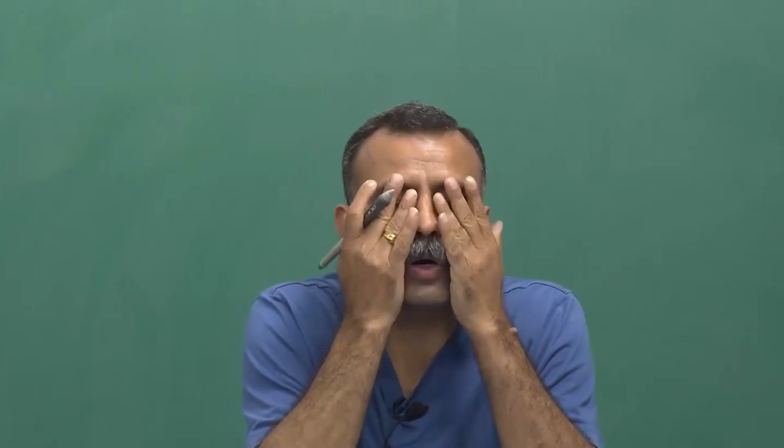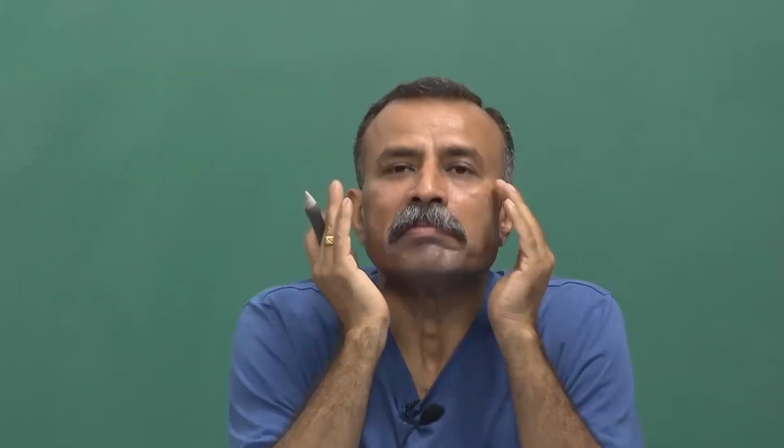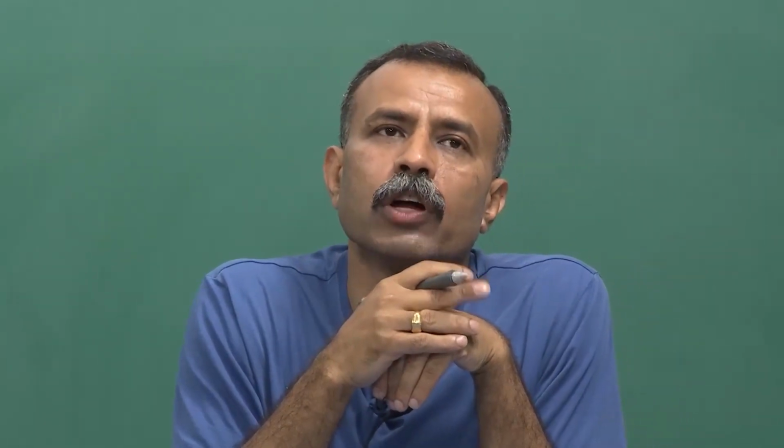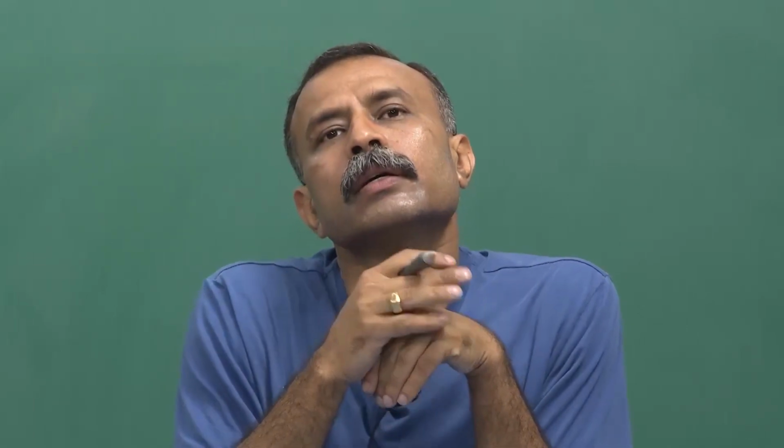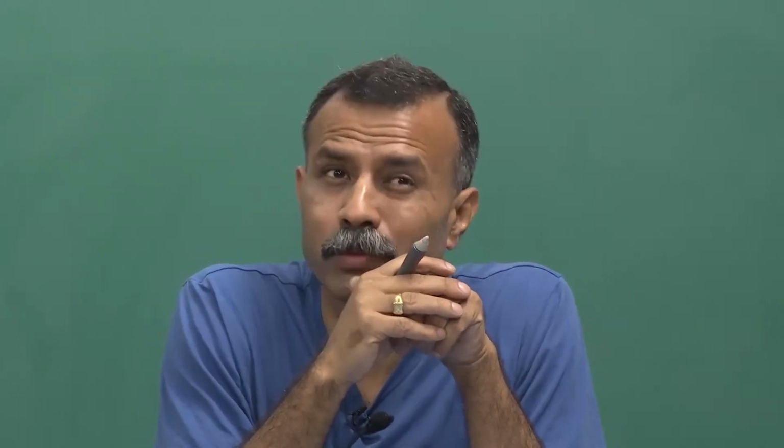So, let us summarize what we talked about today. Whenever there is a reaction taking place, there is a transfer of electron. The rate of transfer of electron between species A and species B could be defined in terms of the current, and the amount of reaction which has taken place, or the quantity of reaction, could be governed by the amount of charge which has been transferred.